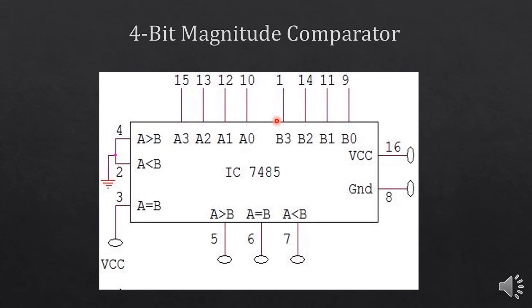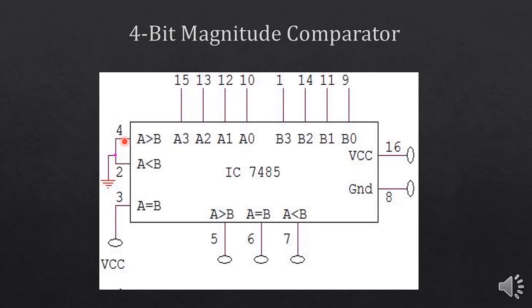Here pins 16 and 8 are being used for VCC and ground, while pins 5, 6 and 7 are used for the output, for getting the result of either A greater than B, A equal to B or A less than B. Here there are 3 more pins, which are 2, 3 and 4. Basically, these pins are used for cascading the inputs.